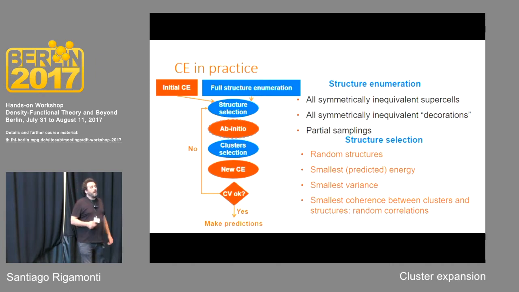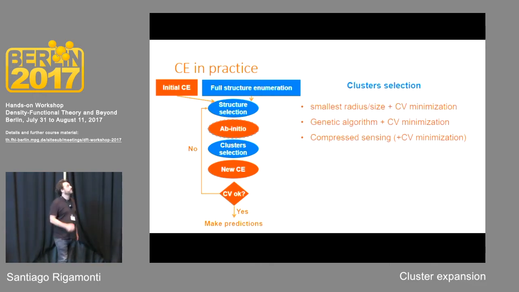Also, you can add those structures that would minimize the variance of the predictions, or you can make an analysis of every structure in correlation space. You know how to calculate the correlation vector, and you would like a set of structures that are randomly distributed in this correlation space. These are usual techniques used to select which structures to perform calculations on, but those require a full structure enumeration.